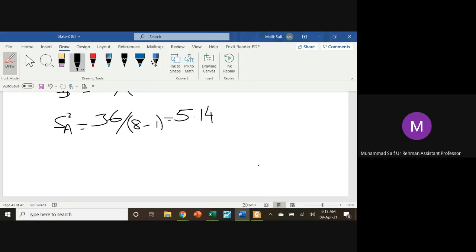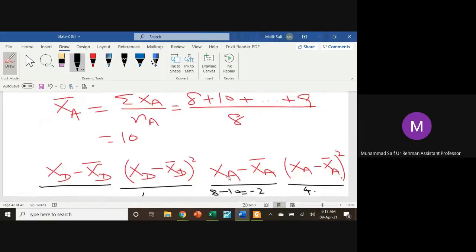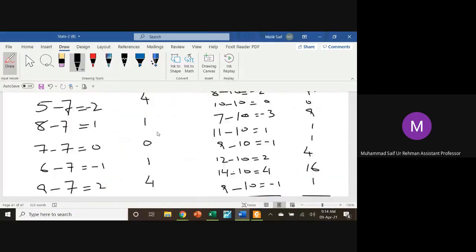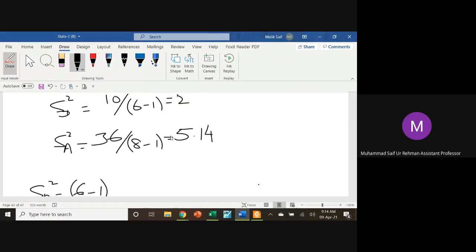So now you may find out the value for SP square, because the required S1 square and S2 square, or SD square and SA square, are there. So you have to substitute those values over here. Simply you will find out SP square. So what is SP square in this case? ND minus 1, so 6 minus 1. What is S1 square? 2.